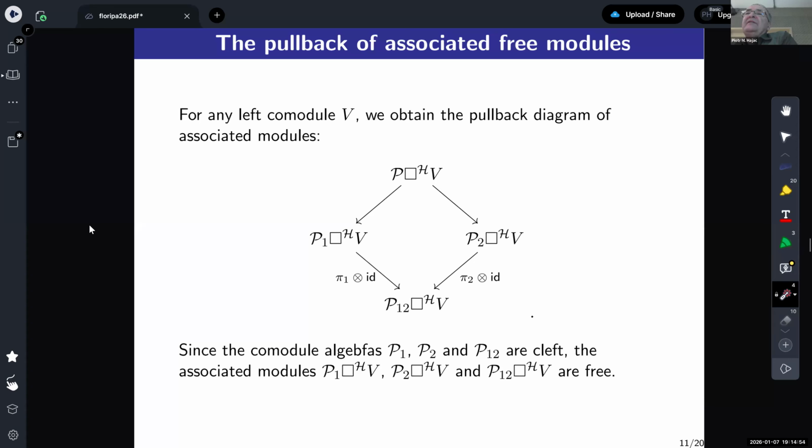So at this stage, I don't care. But you know that when we are principal, we are automatically coflat. Well, that's not V that is coflat.